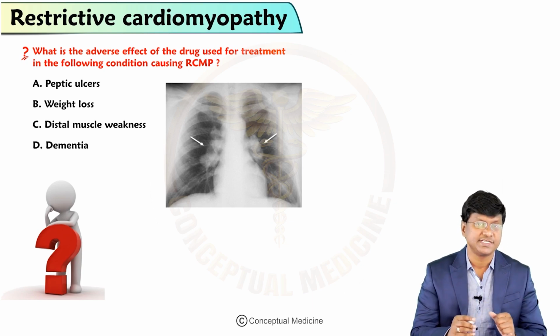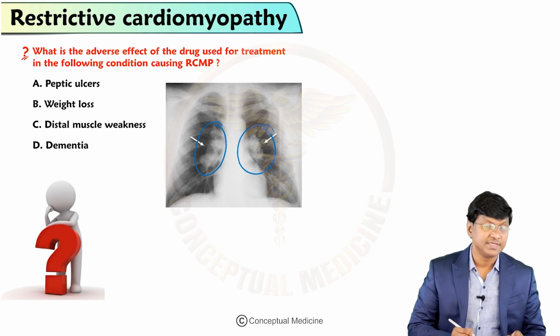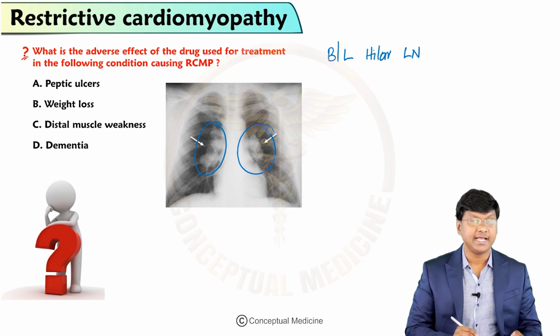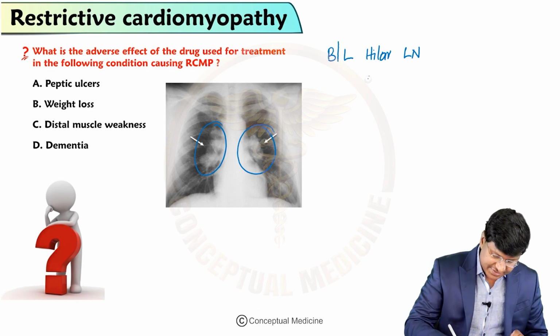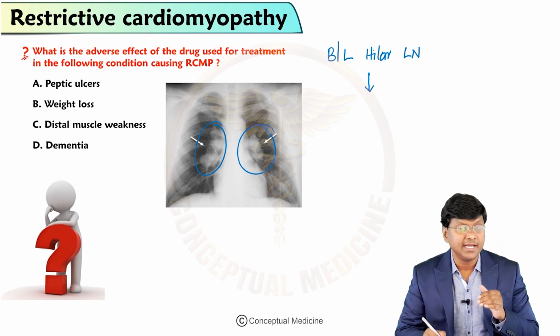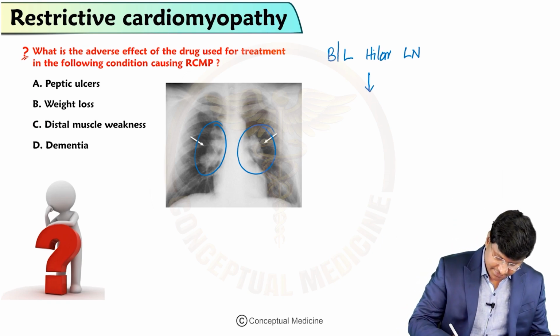If you observe the chest X-ray over there, what are you seeing? You are observing the presence of bilateral hilar lymphadenopathy. This bilateral hilar lymphadenopathy is seen in patients with sarcoidosis.